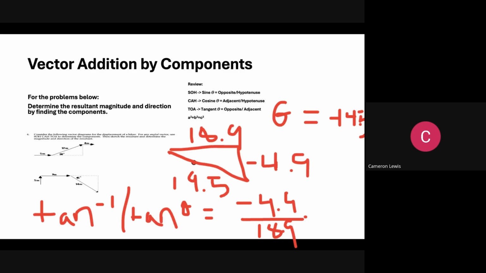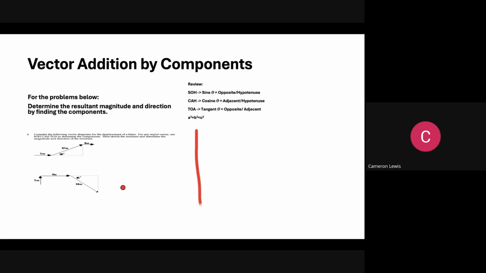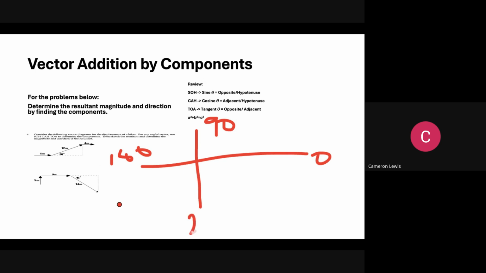Now, why did I keep the negative, right? Think about it in regards to our unit circle. We said this was 0, this was 90, this was 180, this was 270. And when we go counterclockwise, we go this way, right?